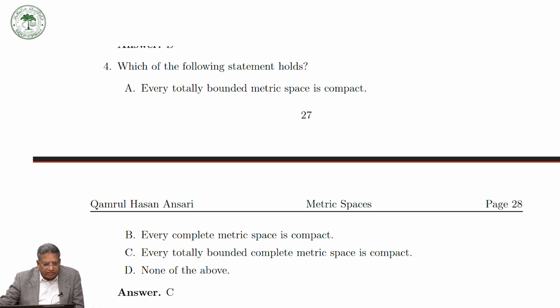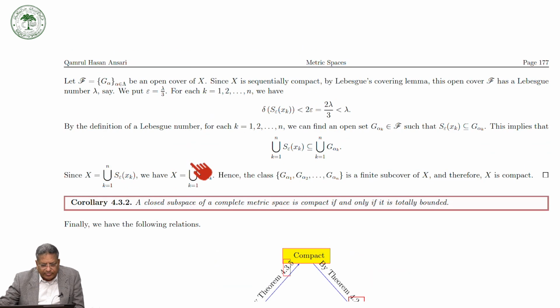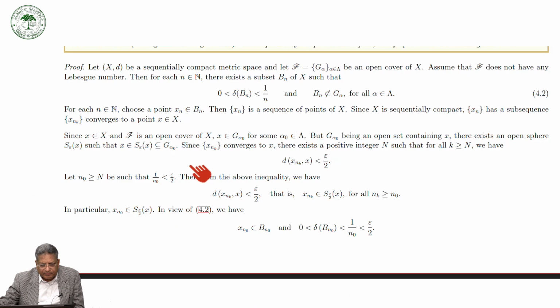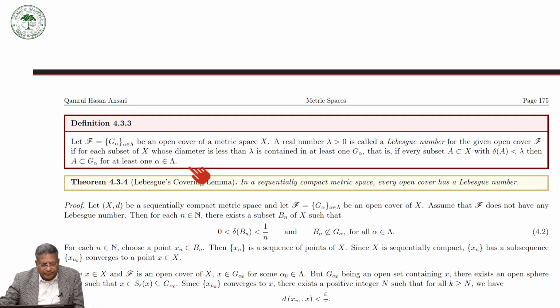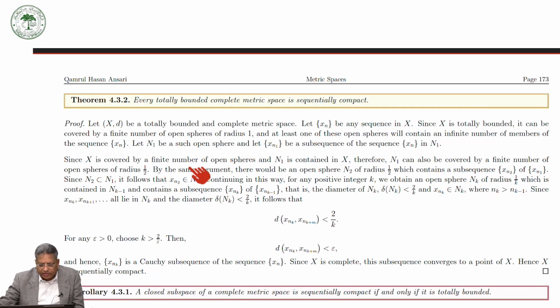We proved that every totally bounded complete metric space is sequentially compact.